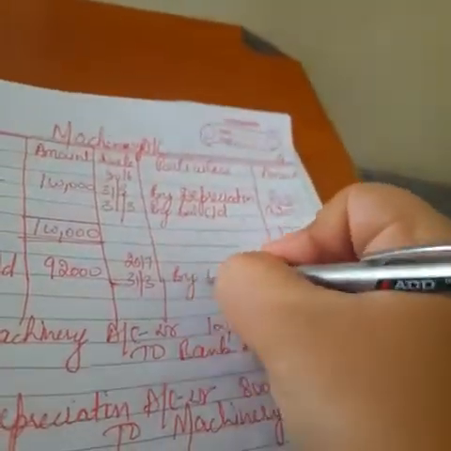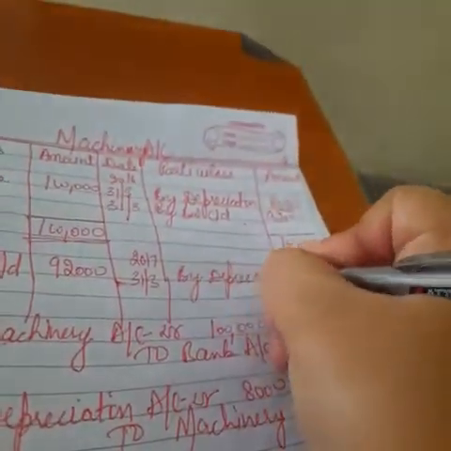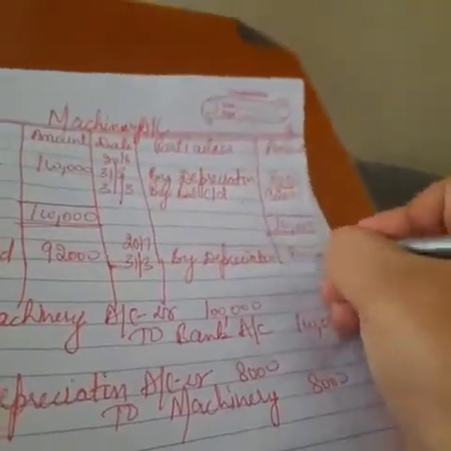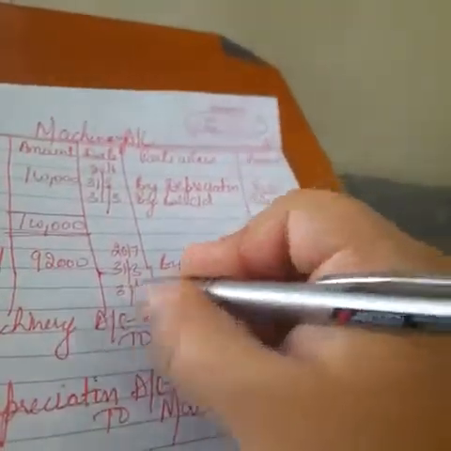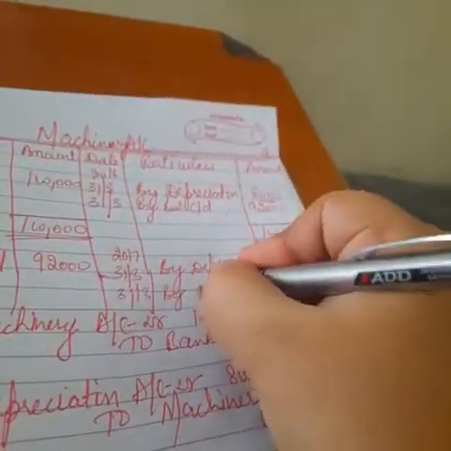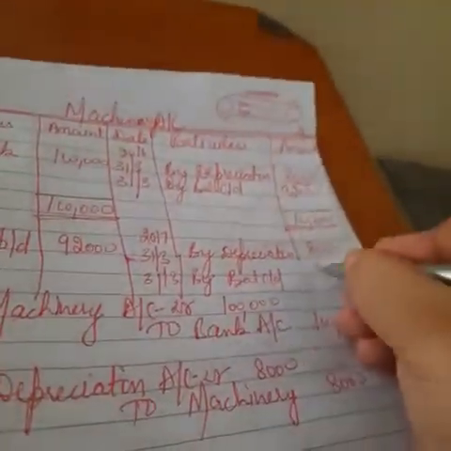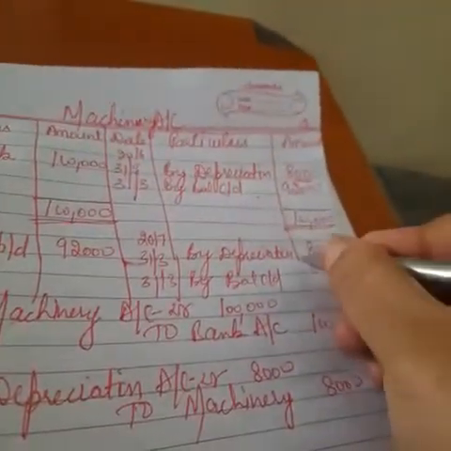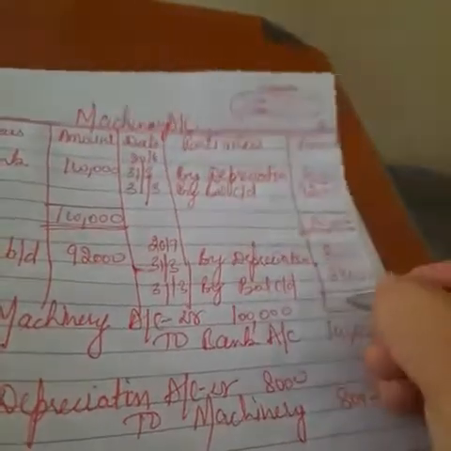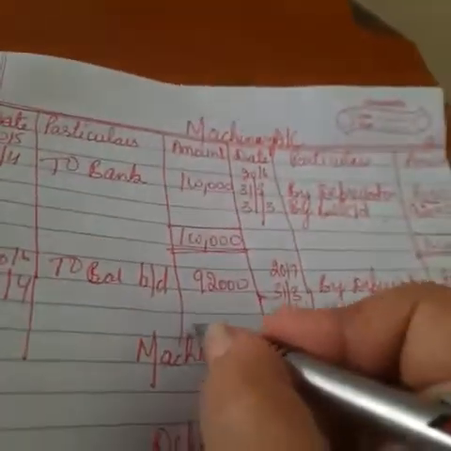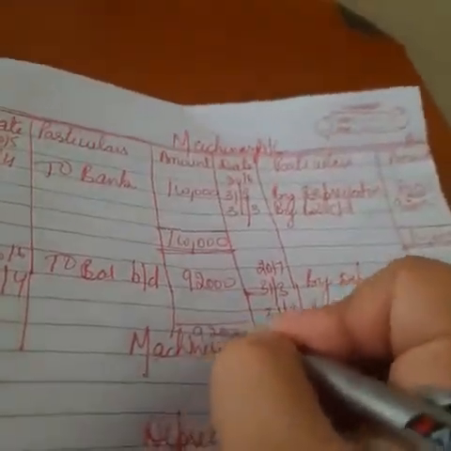So I will write here again by depreciation. Again I will write here 8,000. Right? So again let's calculate the amount of asset at the end by writing by balance carried down. It is 84,000. So again balance the both sides, 92,000 and 92,000.